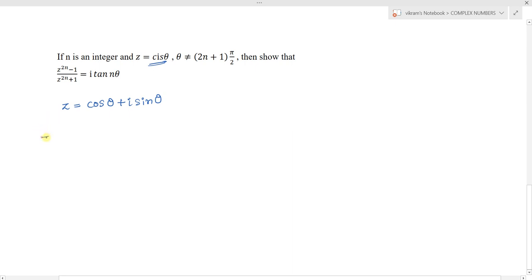The LHS is (z power 2n minus 1) by (z power 2n plus 1).